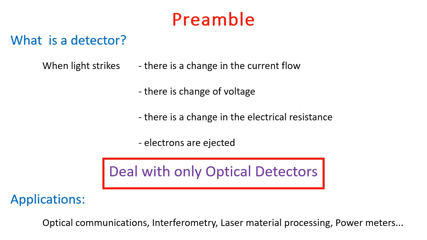So what exactly is a detector? What you have is an element that is connected to an external circuit. And in this element, when the light strikes, the energy of the light is absorbed by this material, and there is a change in the current that flows in this external circuit connected to this particular element.